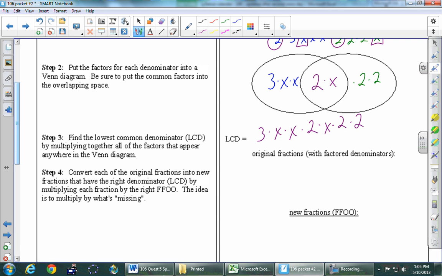So let's write the original fractions. What did we have first? It was a 5 over. And then instead of 6x cubed, I'm going to write this factored version of things. 2 times 3 times x times x times x. That's my 6x cubed. I'm just putting it down here. 2, 3, x, x, x.